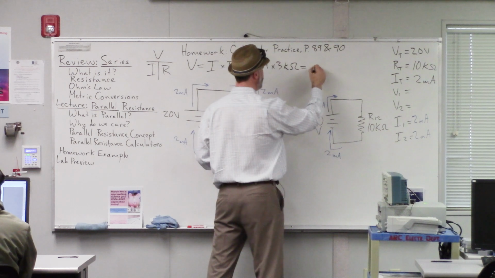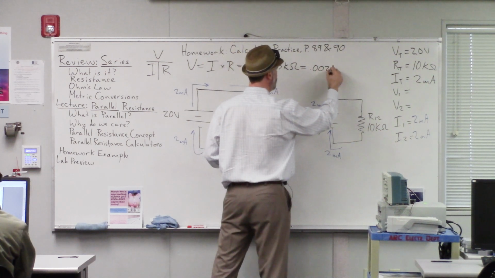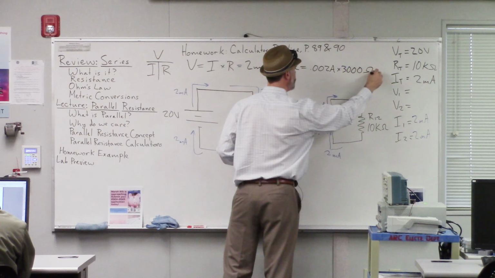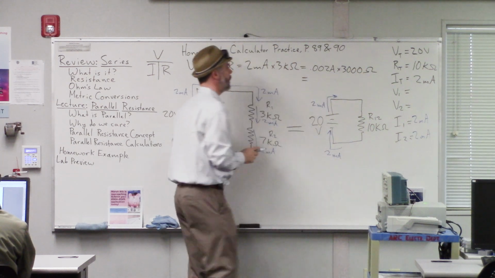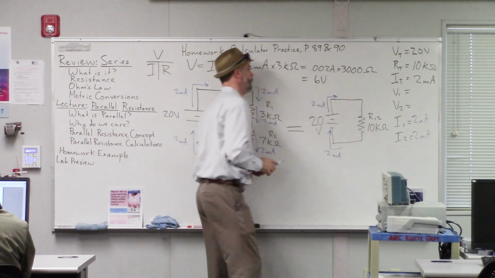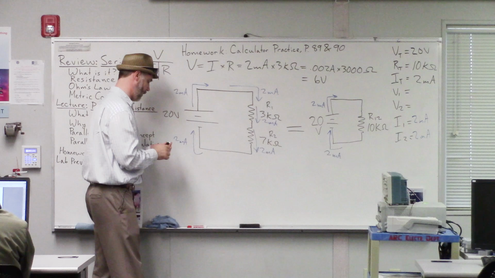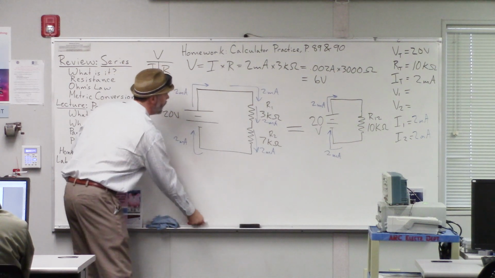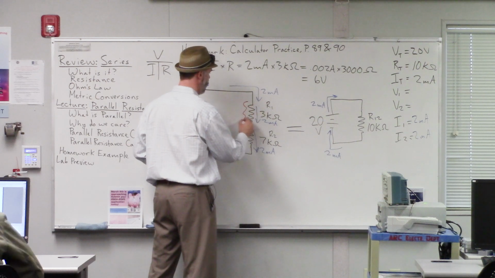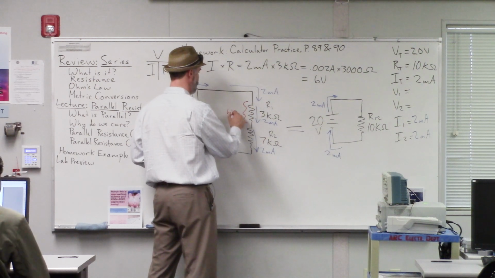So that becomes 0.002 amps times 3,000 ohms. So, yep, 6 volts. So that's our voltage across R1. Remember, a voltage across a component means the voltage difference from one side to the other. So that's 6 volts right there.